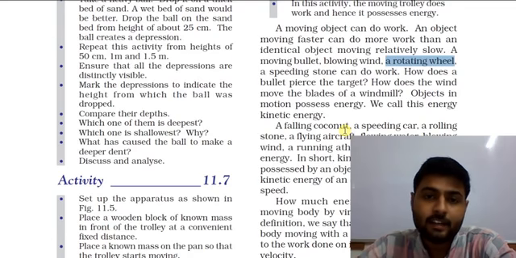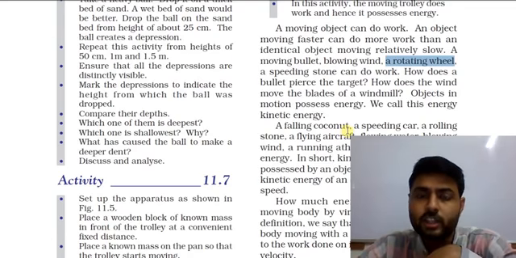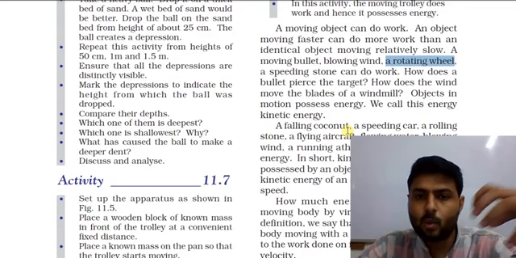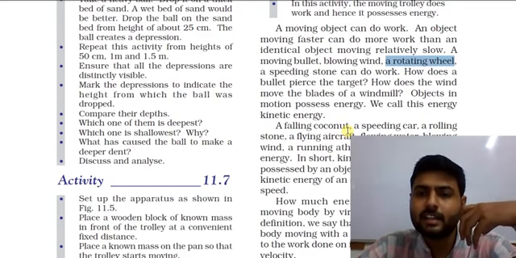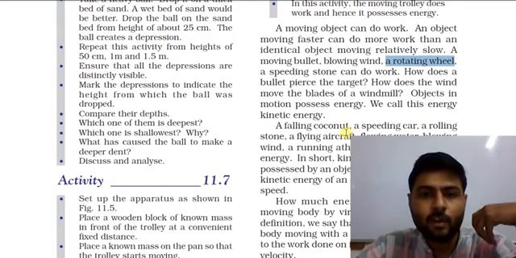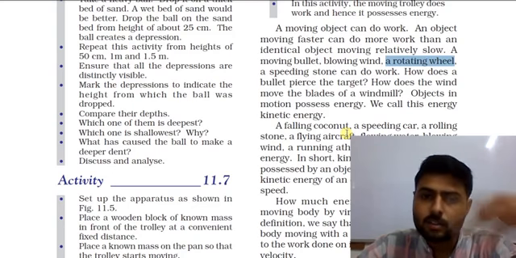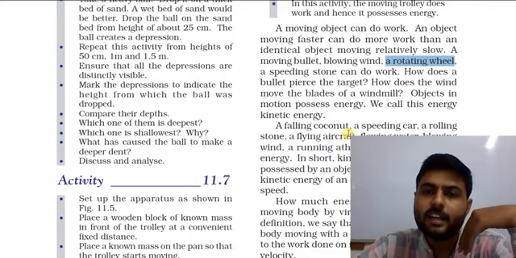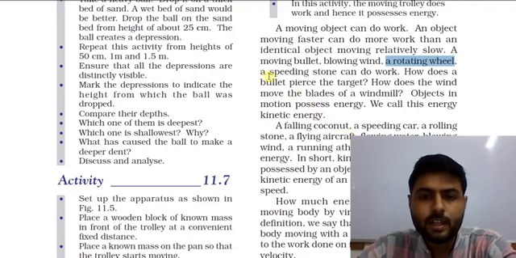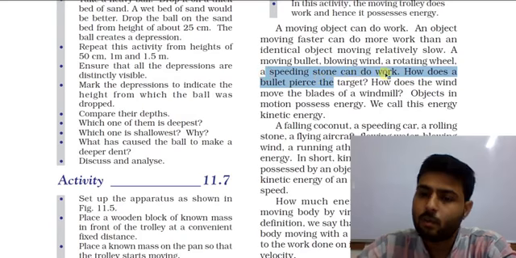On a rotating wheel, we attach a structure; our scooter, motorcycle, bicycle is a structure on a rotating wheel, no? So as the wheel rotates, we can displace. A speeding stone can do work.